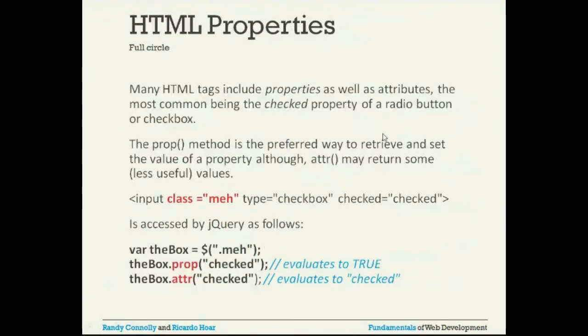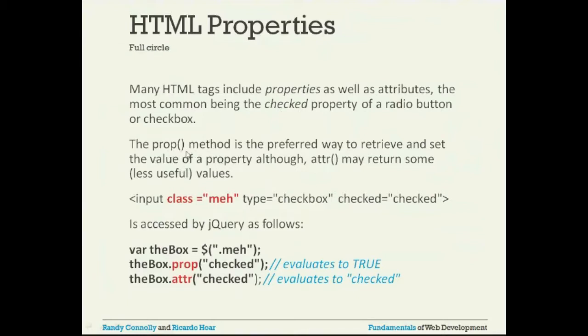Many HTML tags include properties as well as attributes, the most common being the checked property of the radio button or checkbox. So many have attributes as well as properties. The most commonly used one is the checked property of the radio button as well as the checkboxes. And we can also use the prop method.